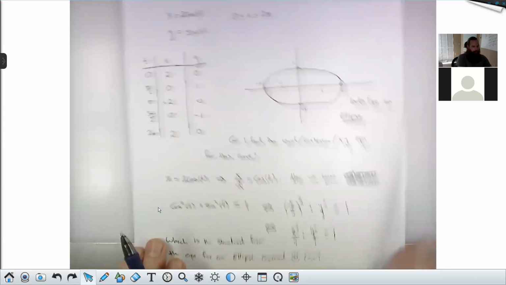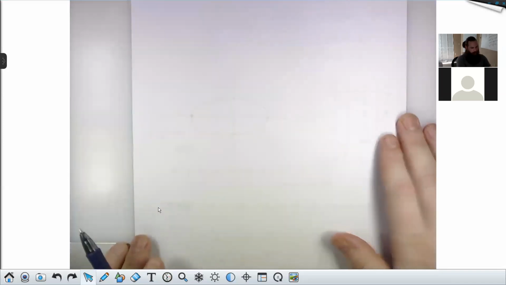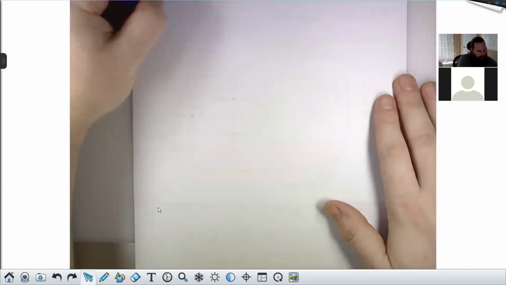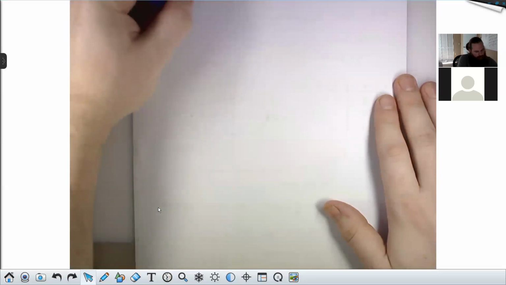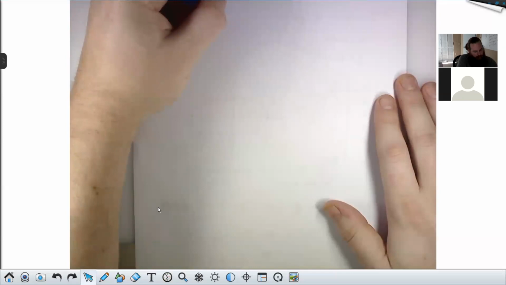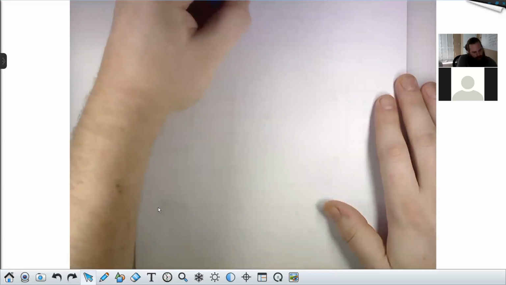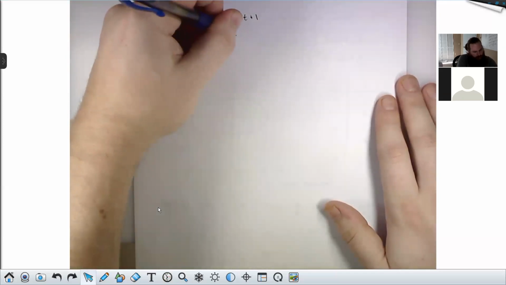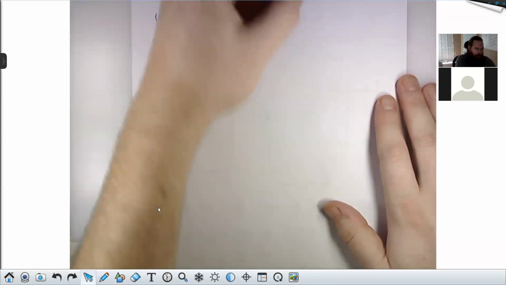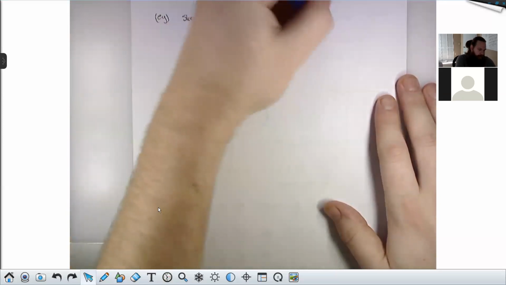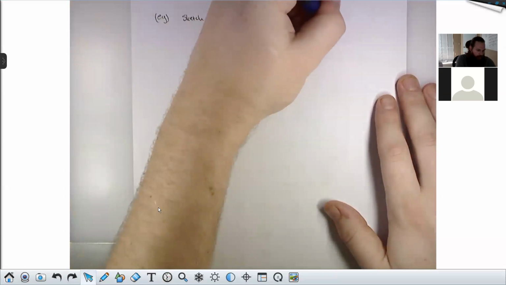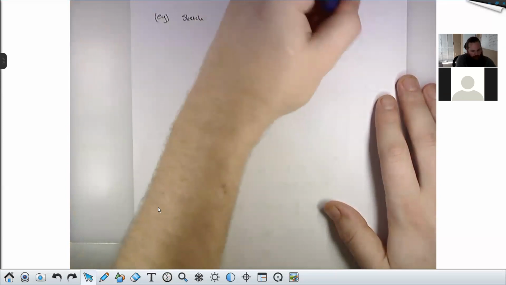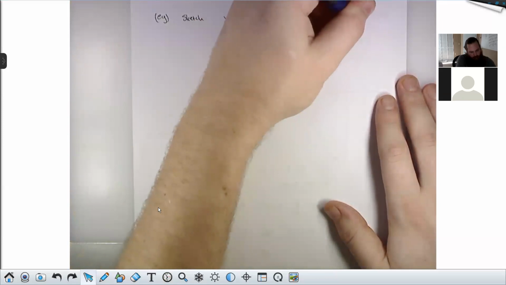Let's do one more. This time I'm not going to bother with the table. Okay, let's sketch x equals t plus 1 and y equals t squared, where, let's say, -2 is less than or equal to t is less than or equal to 2.